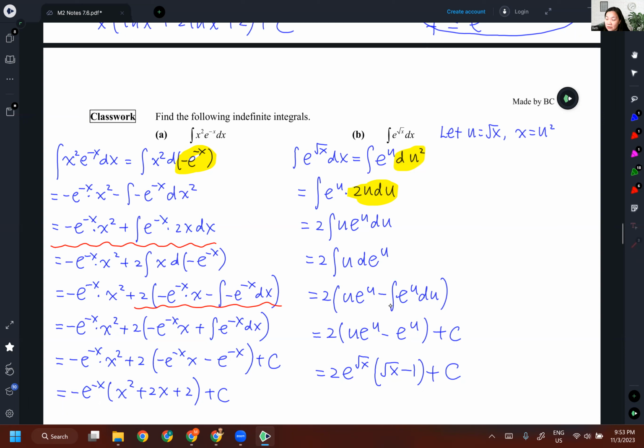And then you take it out, and later with the integration by parts, it's not that difficult. But the integration by substitution part is more difficult in this case. The final answer is 2e to the power root x times bracket root x minus 1, close bracket.